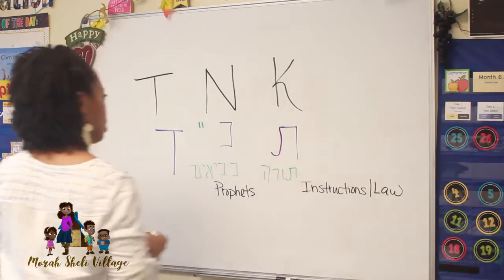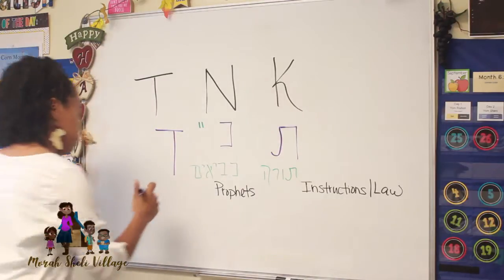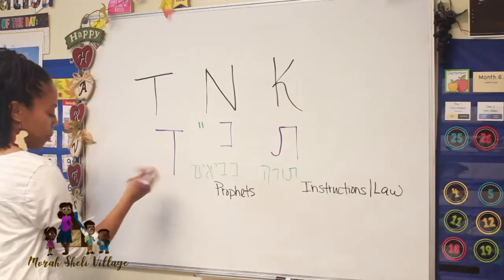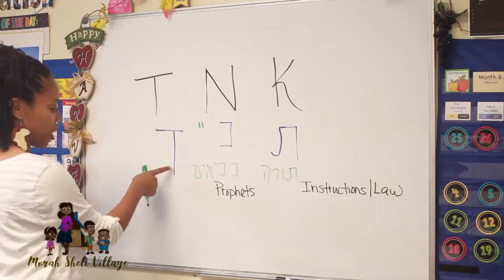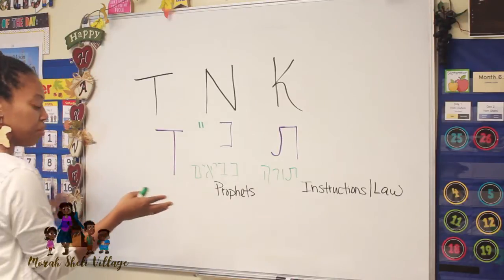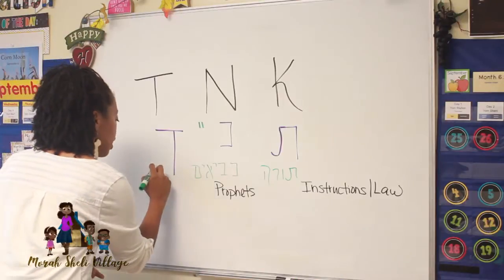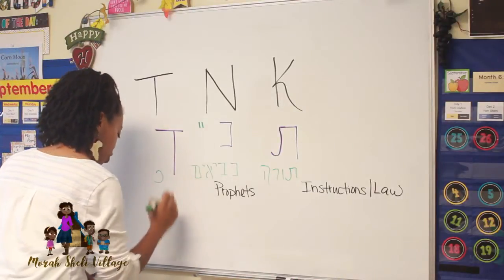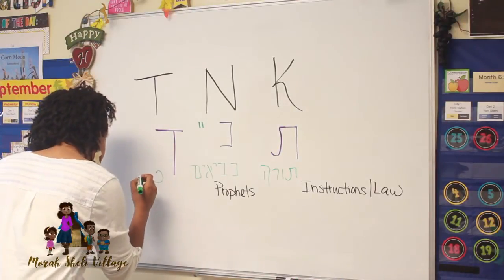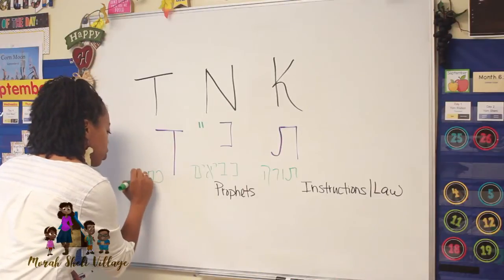And Ketuvim. Now the letter that I'm getting ready to write for Ketuvim is not going to match this letter, and it's because you write it differently when it's at the end. And that's just a grammar rule in Hebrew. Ketuvim.